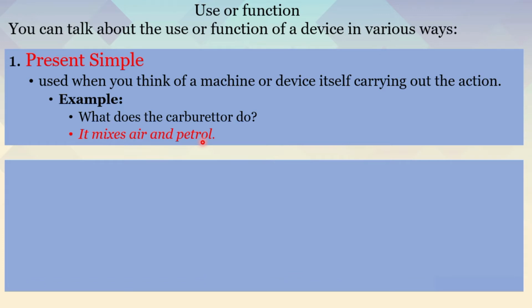You can also use for plus verb with ing, just like we saw in the previous slide. And when do we use this structure to talk about the use or function of a device?